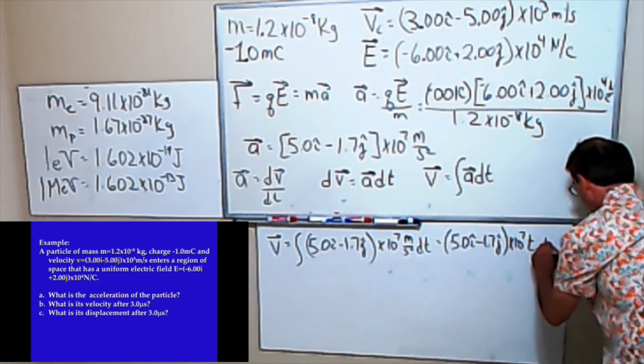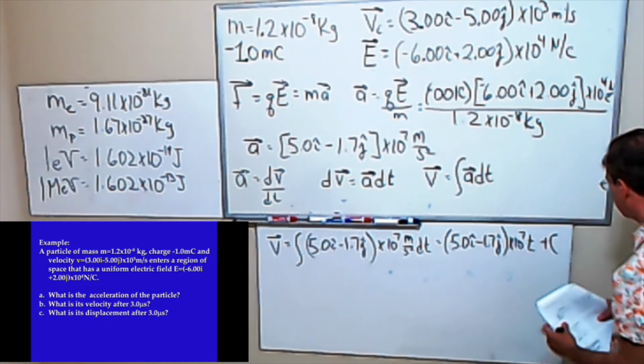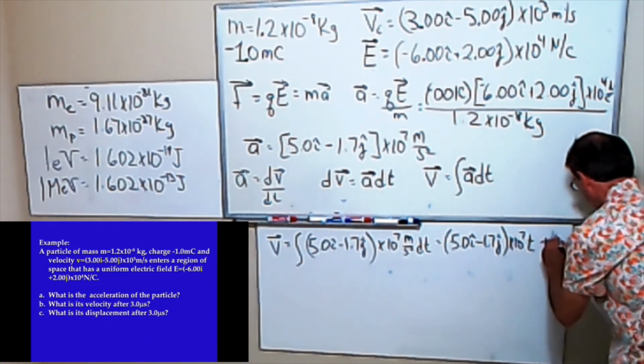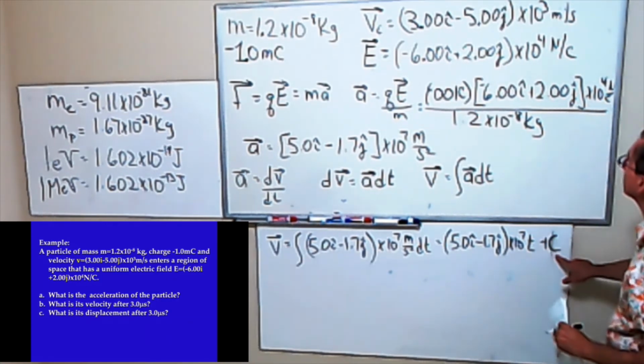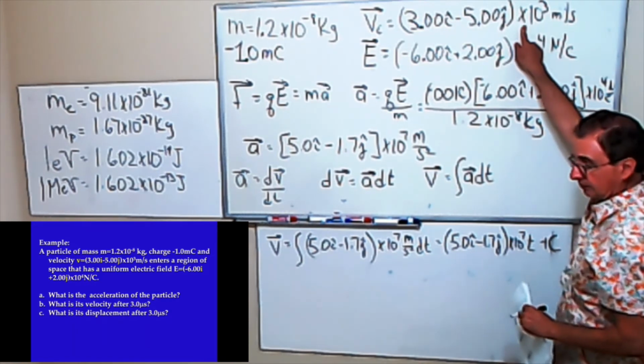And guess what my constant is? My constant is my initial velocity. So this constant of integration is just going to be this value.